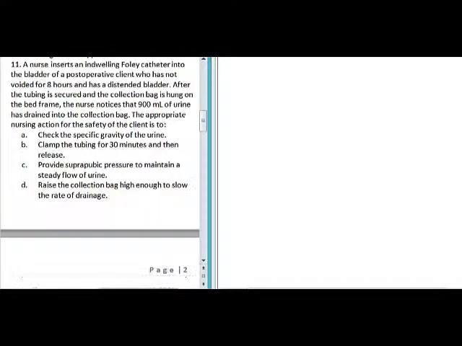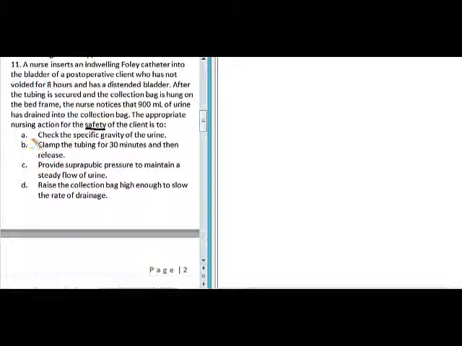number 11. Nurse inserts an indwelling Foley catheter into the bladder of a post-op client who has not voided for 8 hours and has a distended bladder. After the tubing is secured and the collection bag is hung on the bed frame, the nurse notices that 900 ml of urine has drained into the collection bag. The appropriate nursing action for the safety of the client is... so the issue here is safety. The answer here is B. Why?